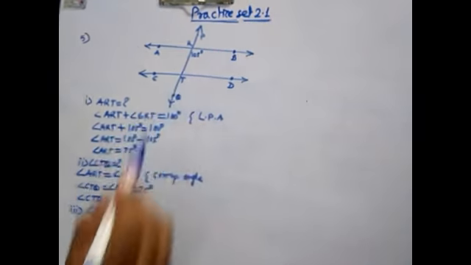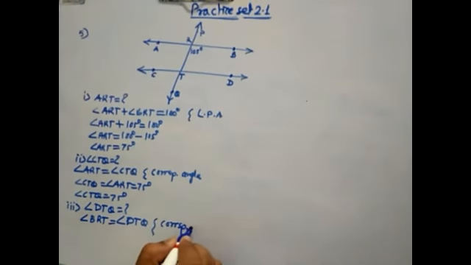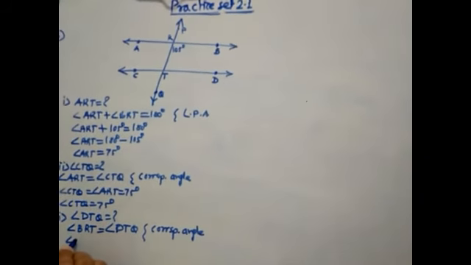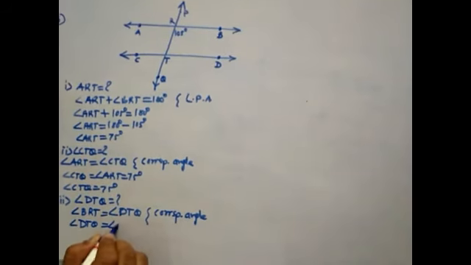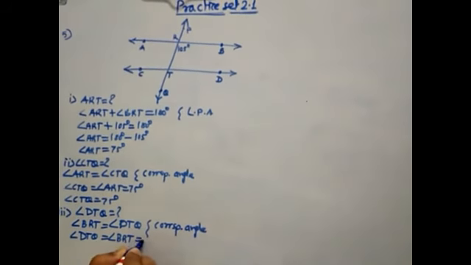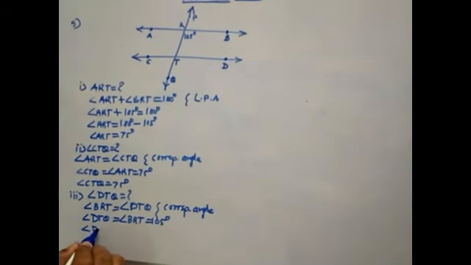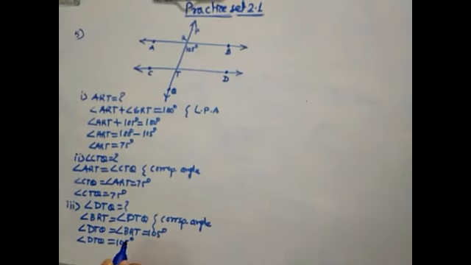These two are also corresponding angles. So write down here corresponding angles. So angle DTQ is equal to angle BRT is equal to 105 degrees. So angle DTQ is 105 degrees.